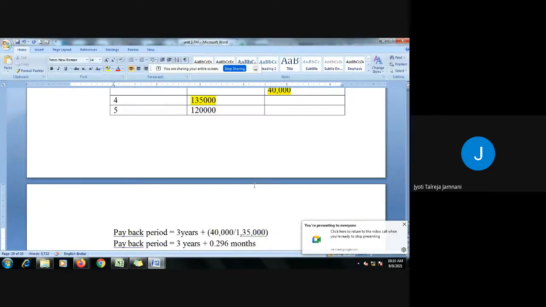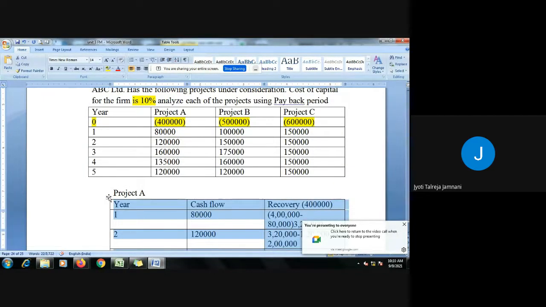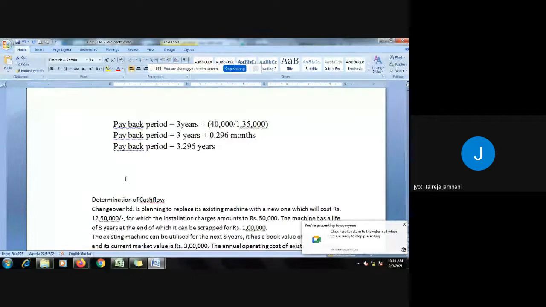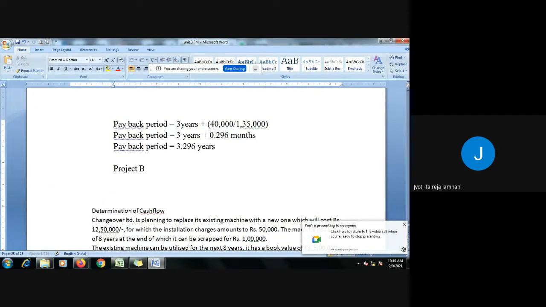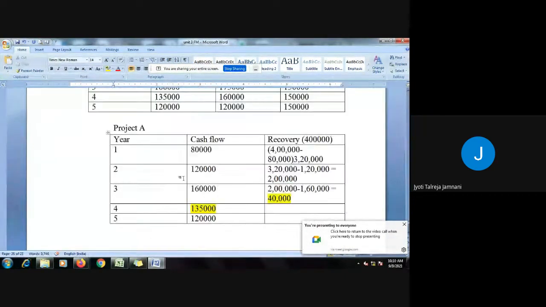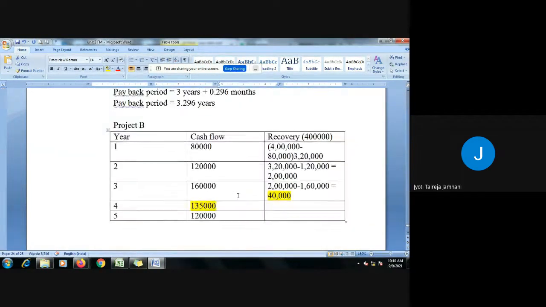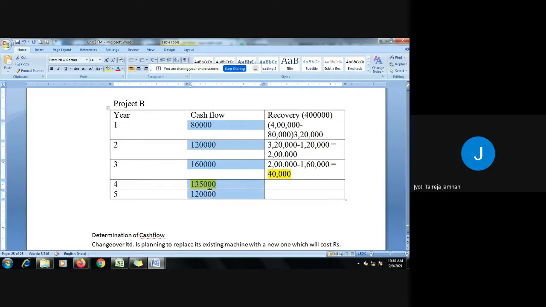We'll do payback period for project B now. It's a similar way we have to do it. Year cash flows, we will take down for project B. It is 1 lakh, 1 lakh 50, and so on for the next 5 years. Take down those cash flows.